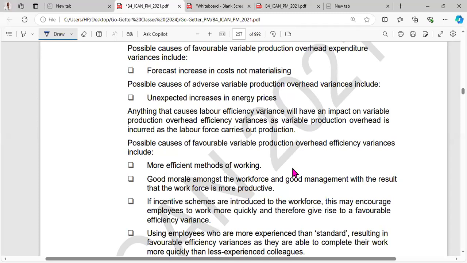Anything that affects expenditure or rate variance in labor might not have a total impact on expenditure in variable overhead, but anything for efficiency in direct labor is also going to affect variable overhead. So just note that difference.